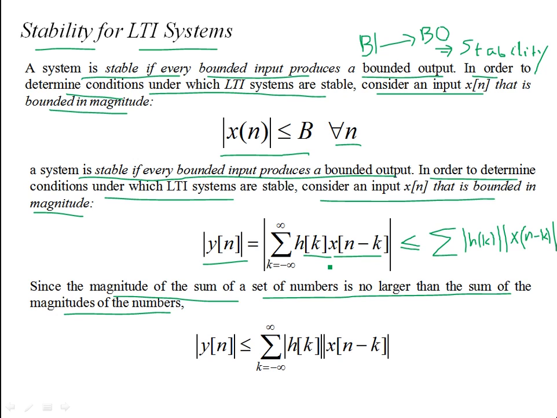Therefore, they might reduce the convolution sum. The convolution sum could be smaller if some of these samples are negative. But if you put this condition over here, then none of the samples of the impulse response and the input are negative. All the samples are positive. So adding all the quantities, if they are positive, the right hand side should be greater than the left hand side. This is what it means: the magnitude of the sum of a set of numbers is no larger than the sum of the magnitudes of the numbers. The magnitude is a positive quantity.